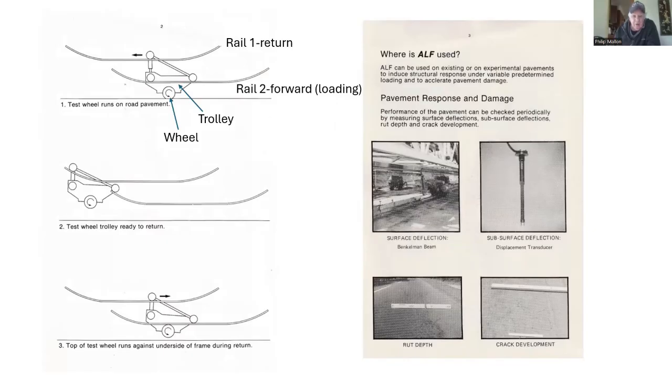And in the return direction, there was a separate set of wheels that lifted the trolley and allowed the energy to return it to its starting position. So you can see the starting position. We're ready to go to the next stage, which was in the forward direction, then the return direction.